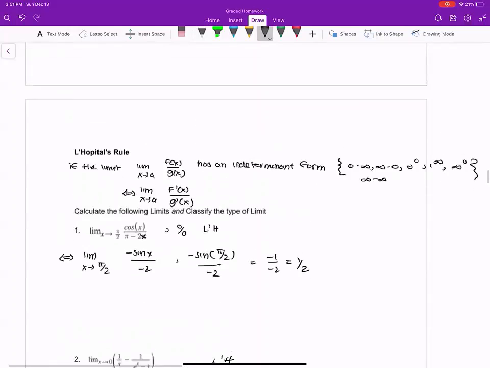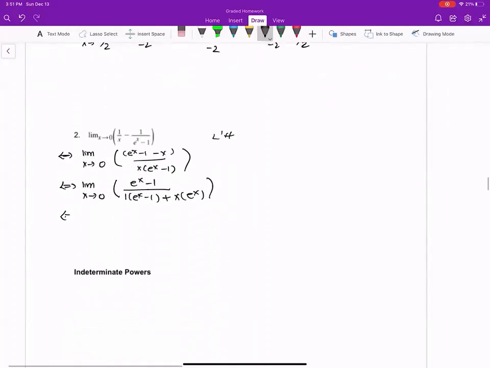Now you could simplify this even further. So the limit as x approaches 0, since you applied L'Hopital's rule here, it doesn't say you cannot apply it once again, because this again would be an indeterminate form. So once you apply it again, differentiating the top would give you e to the x.